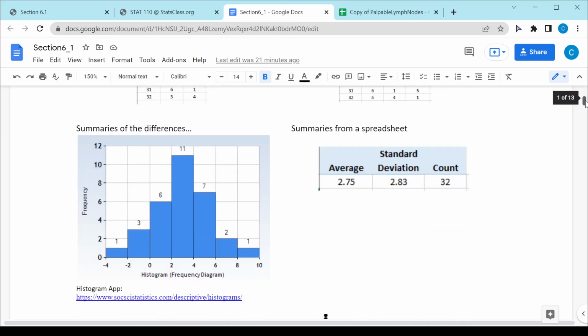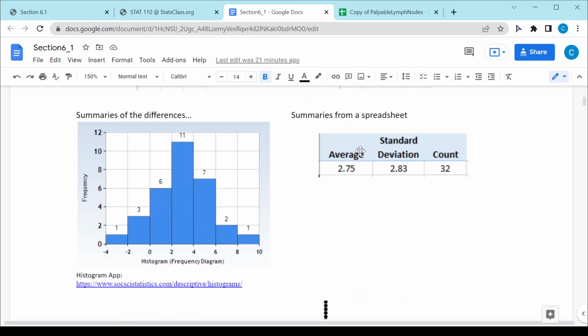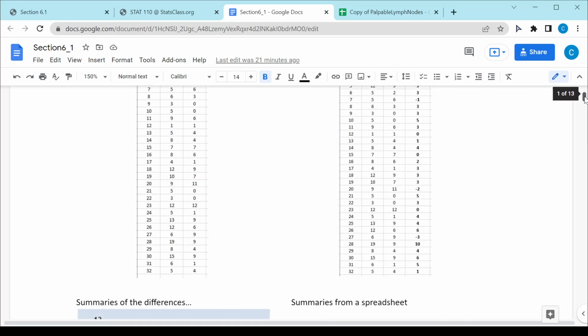We talked about the fact that the average was about 2.75. So we can say Dr. A on average finds about 3 more of these palpable lymph nodes than Dr. B does. The standard deviation here is measuring the average distance to the middle. In this situation, we would like the standard deviation to be as small as possible, because that means these differences are more consistent.